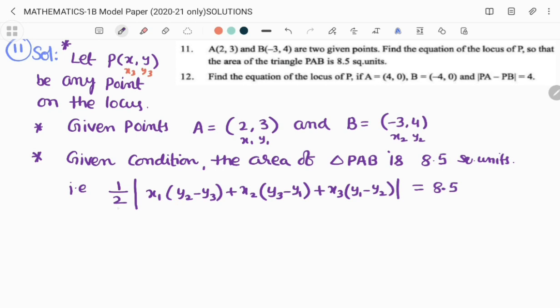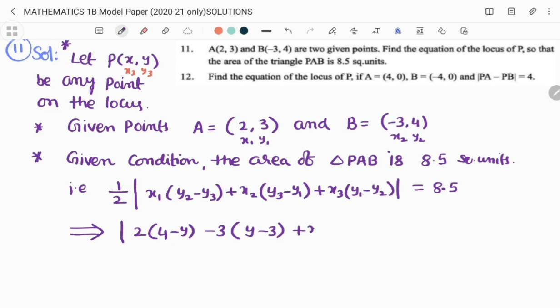Here the 2 we can take to this side, and substitute the respective values of x1, y1, x2, y2, x3, y3. x1 value is 2 into y2 minus y3; y2 value is 4, y3 value is y. Plus x2 value minus 3 into y3 minus y1; y3 value is y, minus y1 value is 3.